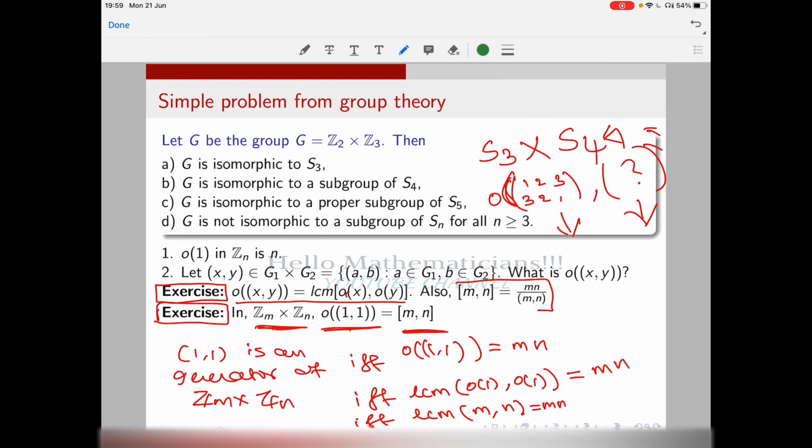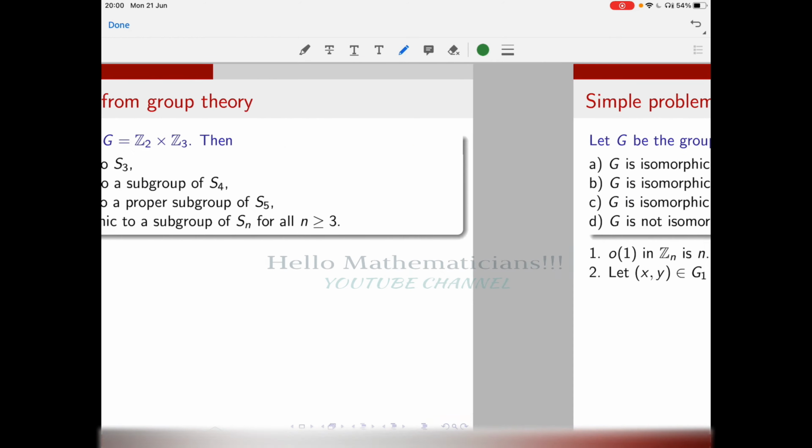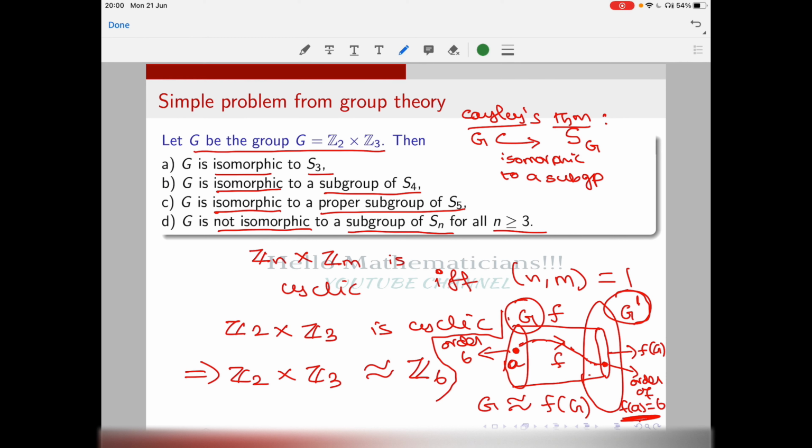If you look at this equality, the LCM will be equal to the product only if the GCD of m comma n is 1. So we get: if and only if GCD of m comma n equals 1. In the previous page I stated a result, that Zn cross Zm is cyclic if and only if GCD of n comma m equals 1.